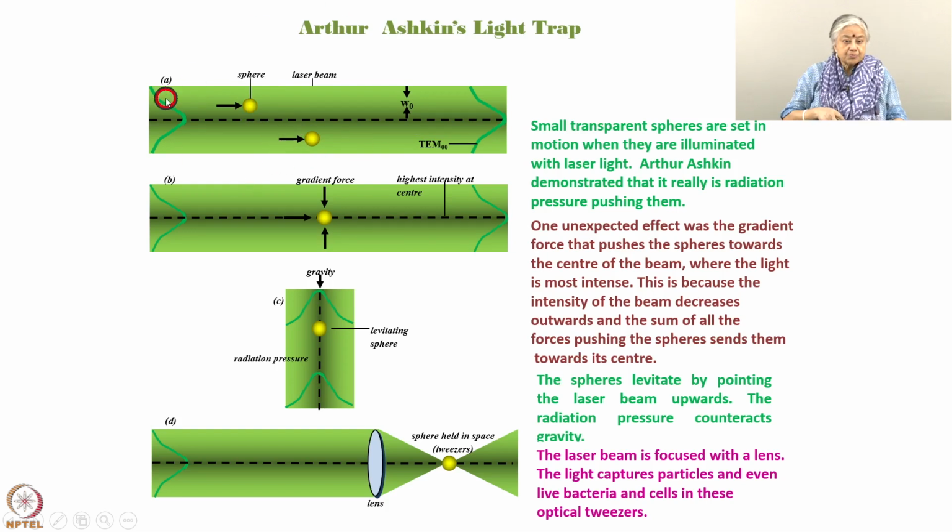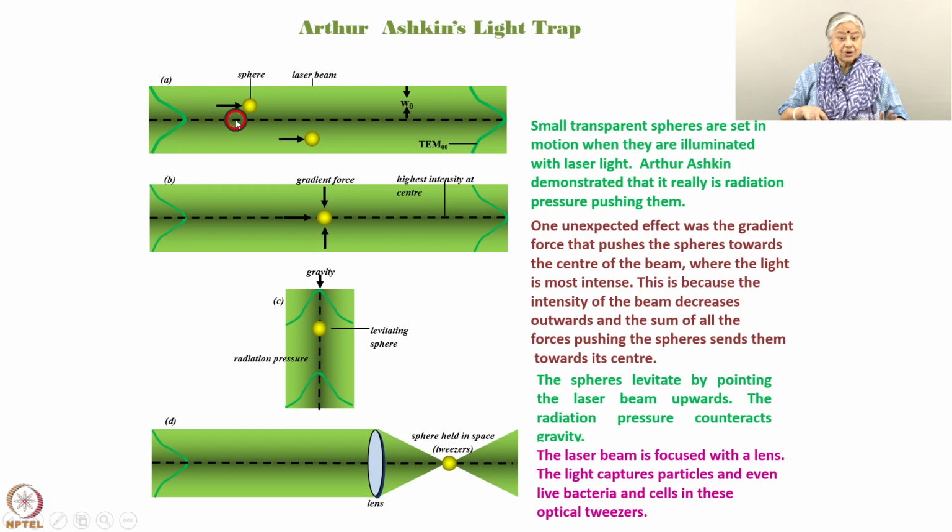Here I just put a Gaussian curve, because for the TEM00 mode the spatial profile is a Gaussian curve. That means the intensity is maximum in the center, and in the wings the intensity goes down. It is important for it to be a Gaussian profile, a TEM00 mode of the laser.